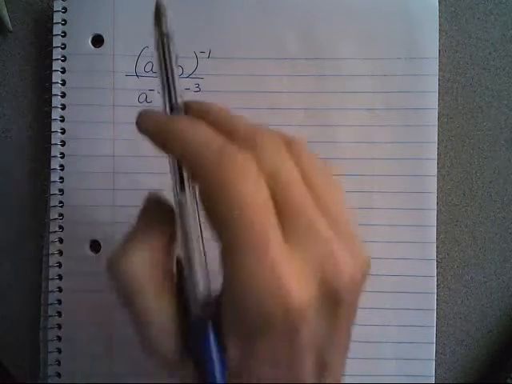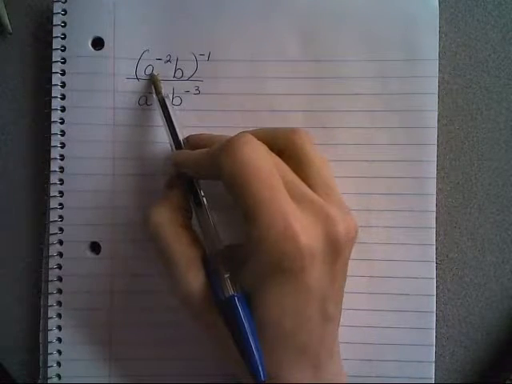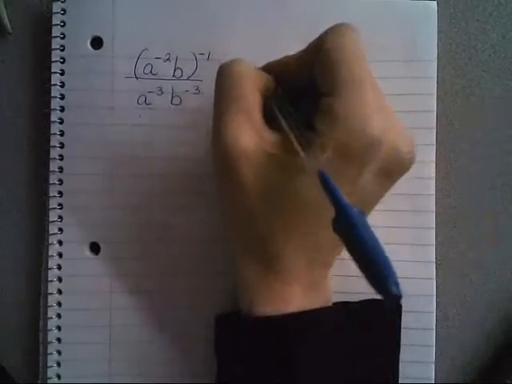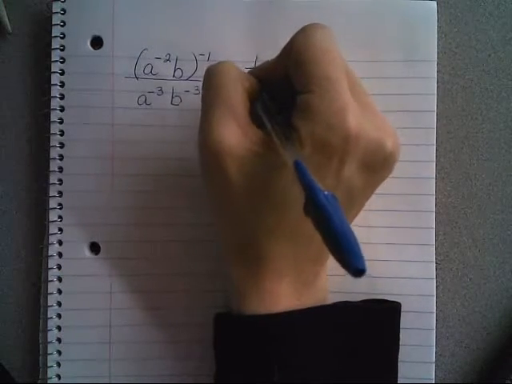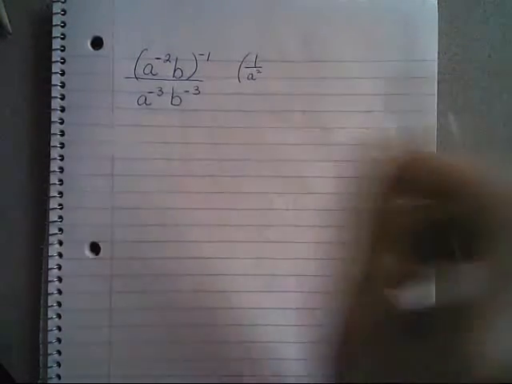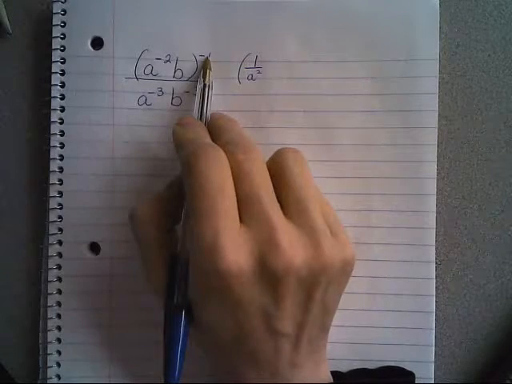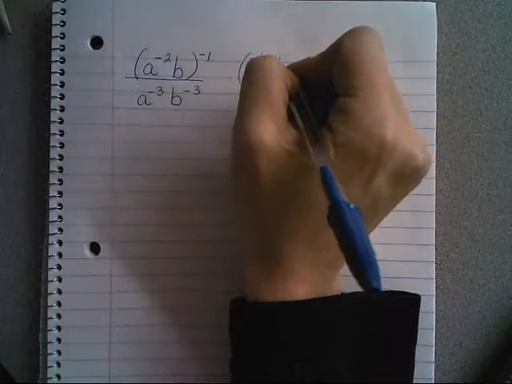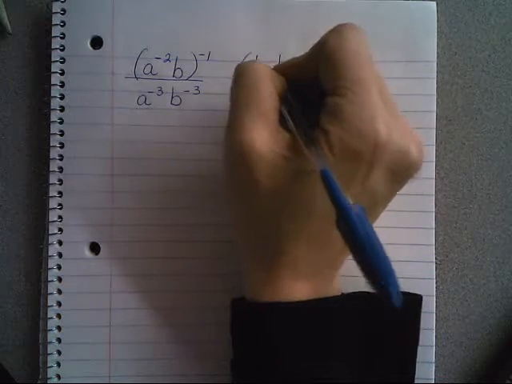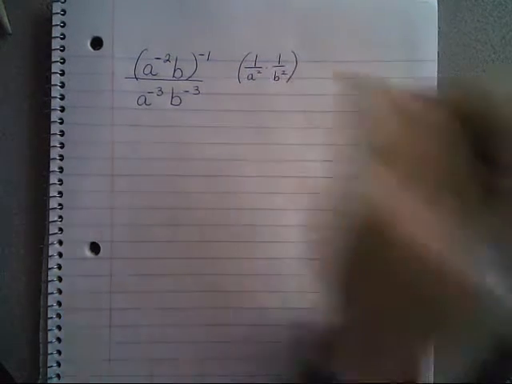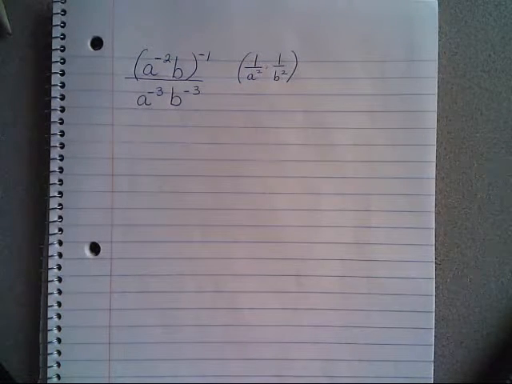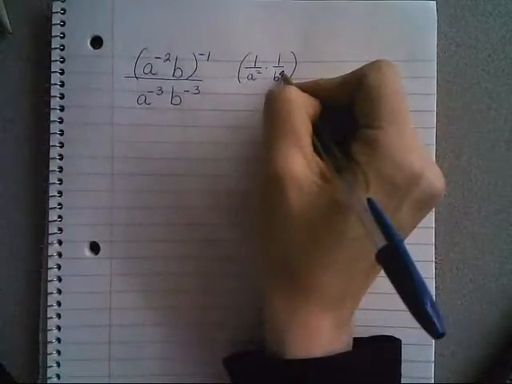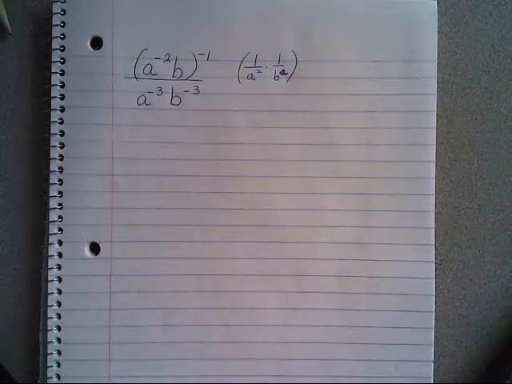Like I know that a to the negative 2 in this thing becomes 1 over a squared. And b to the negative 1 becomes 1 over b. Okay?